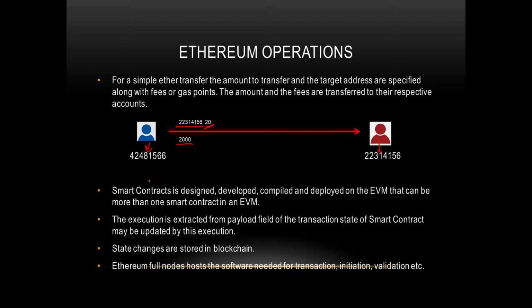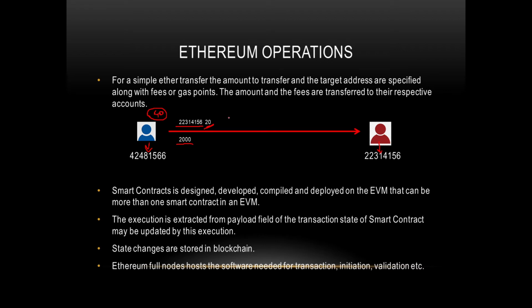The execution is extracted from payload fields of the transaction, and the state of the smart contract may be updated by this execution. Okay, so the execution happening out here is taken from the payload field. Payload field is as in the Coinbase, or you can call it the ether balance out here. So he has, say, 40 ethers.